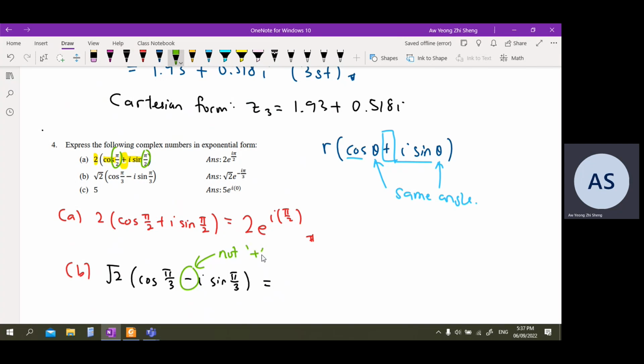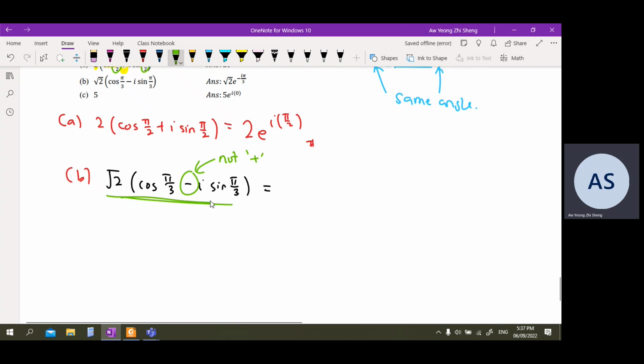This is not a plus. Therefore, this entire number here is not in modulus argument form. So you cannot read your r and theta yet. When the number is not yet in modulus argument form, you cannot read the r and theta.